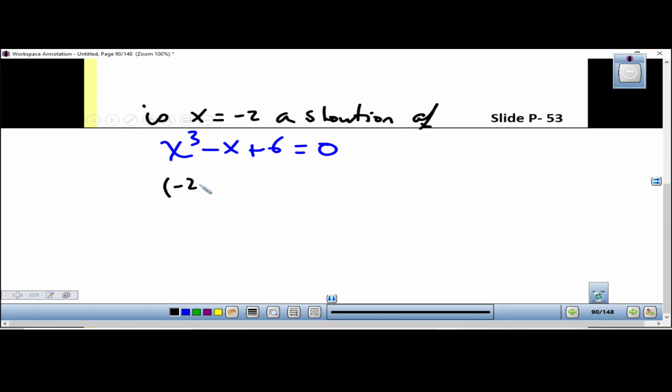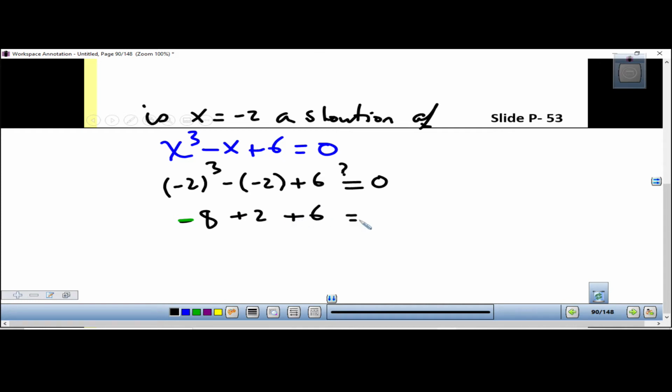So I've got -2 cubed minus -2 plus the 6. Does that equal 0? And this is -8. A lot of us made a mistake here, so maybe I need to change the color. This guy's -8. Okay, and that's negative times negative, that's plus 2, plus 6 equals 0.